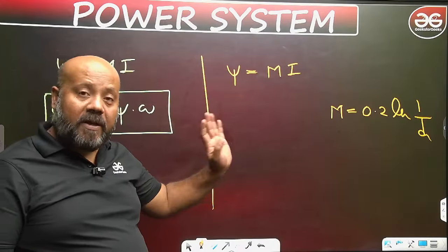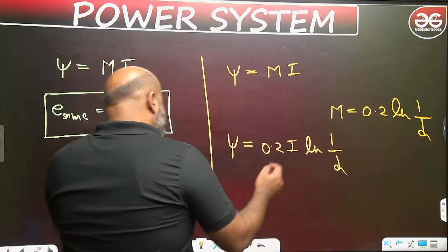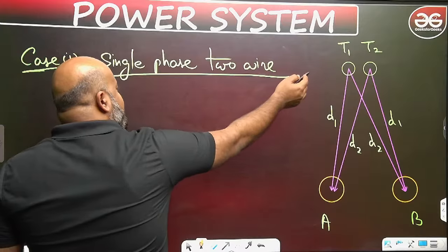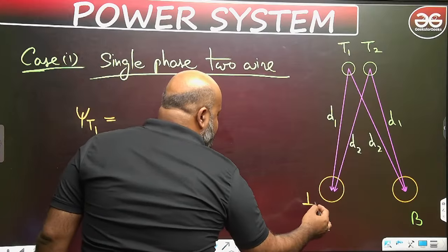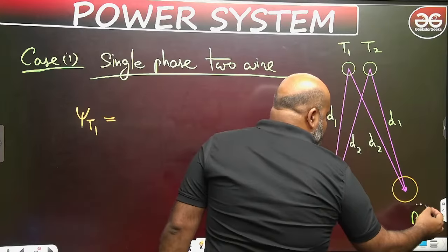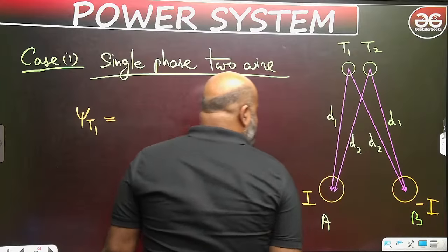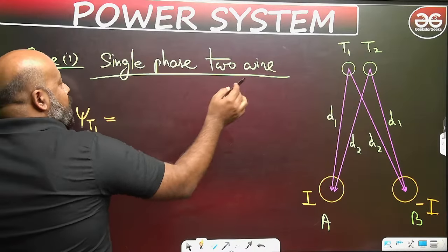It means you can write the flux directly as 0.2 I ln 1 upon D. So I am using this equation here. If I want to write the flux linkage with telecommunication channel T1 because of the conductor A having the current I and conductor B having the current minus I, suppose you are writing for conductor A, so this is going to be how much?